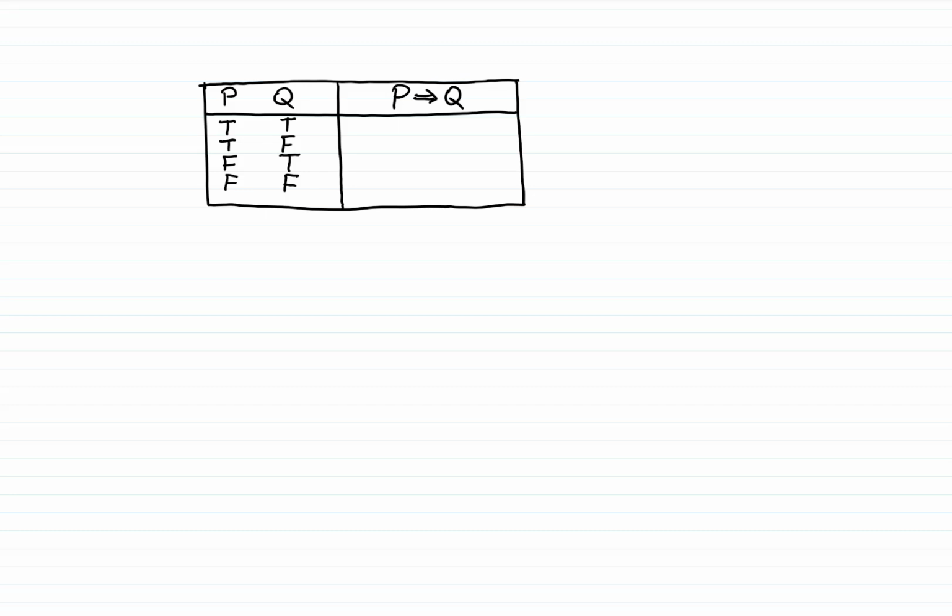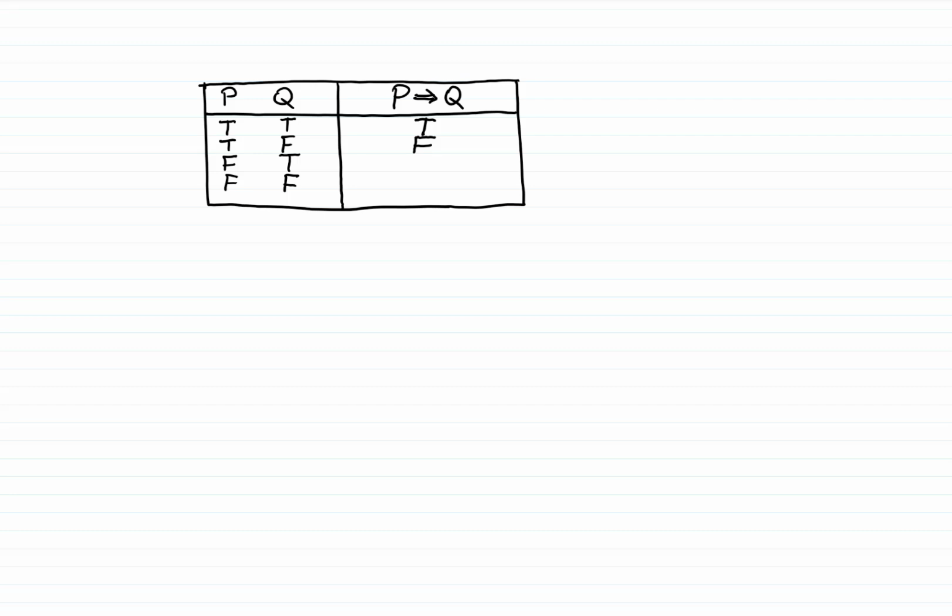Okay? And here's how it works. If P and Q are both true, then the implication P implies Q is true. If P is true and Q is false, then the implication P implies Q is false.